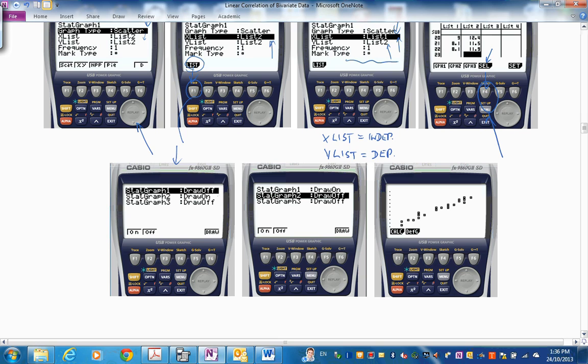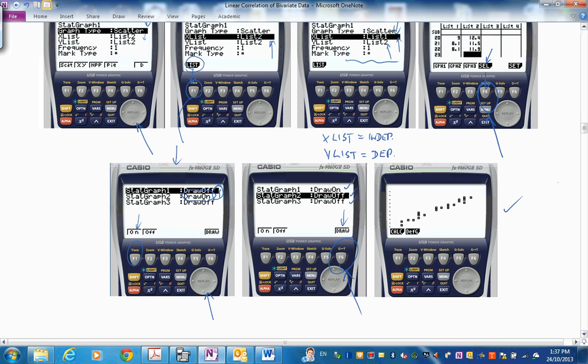Stat graph 2 is on, so first put stat graph 1 on by choosing On, which is F1, then scroll down and turn stat graph 2 off. This is the pattern we want. We only want one graph, and that's stat graph 1, the way I've got it set up here. Then hit execute, or just choose draw by using F6, and up comes your scatter graph.